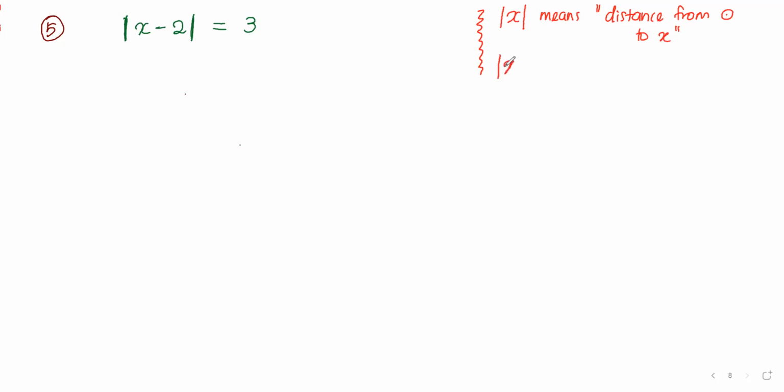if you have x minus some fixed number, x is a varying number.